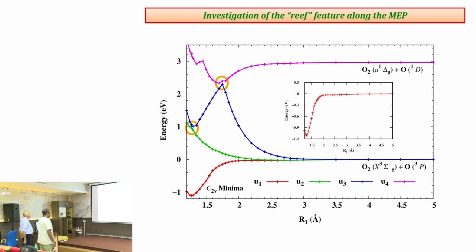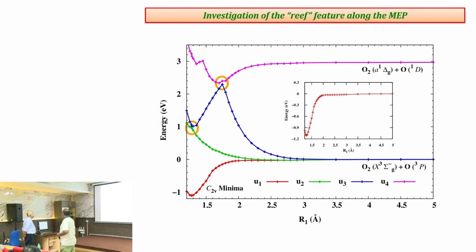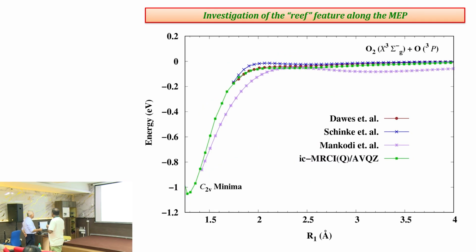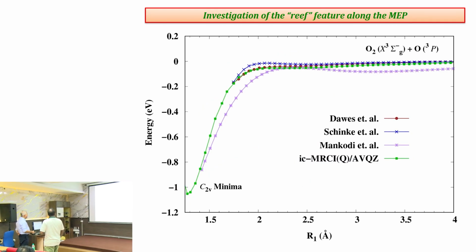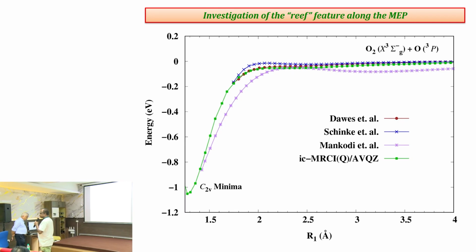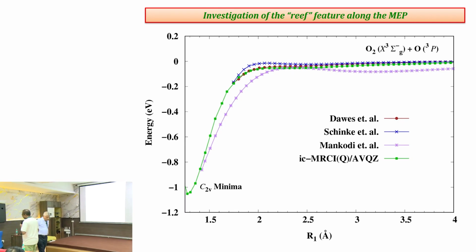No, that is all right, but if you want to get rid of this reef feature. No, this is ridiculous for me. The reef feature, I don't know how to solve it. If I can solve it, I'll solve it, but I am not sure that I can.